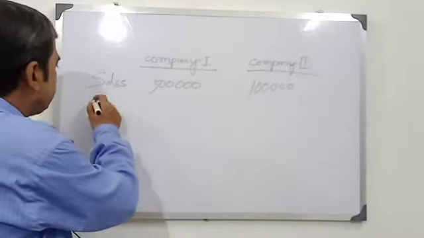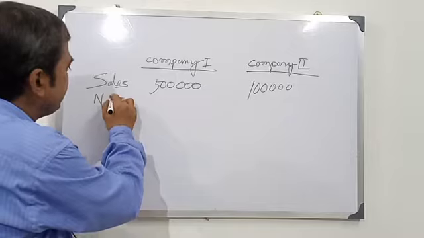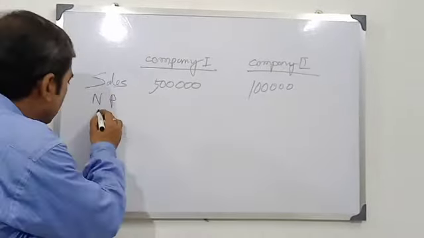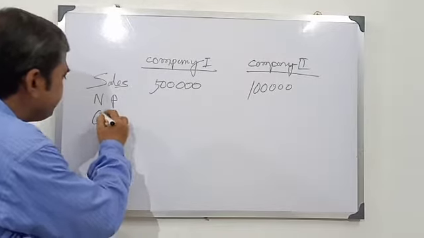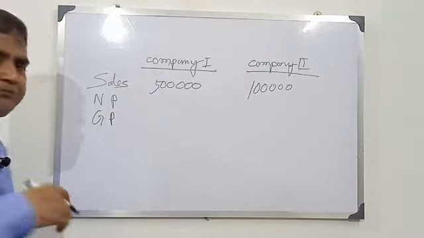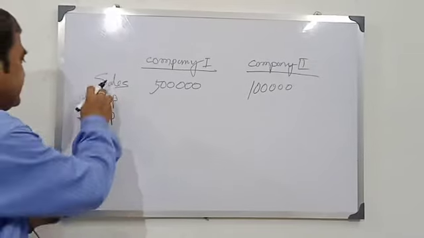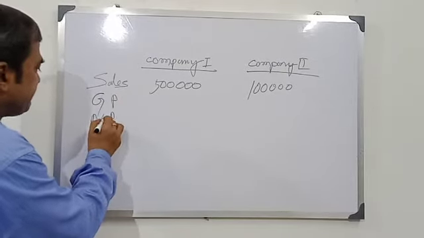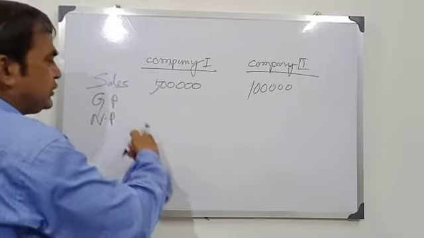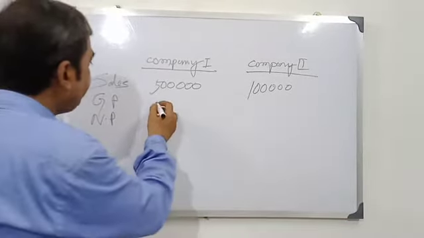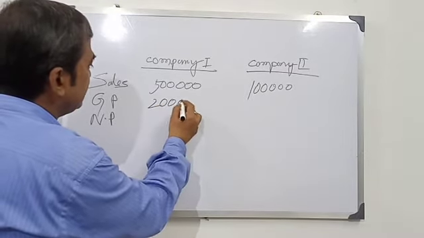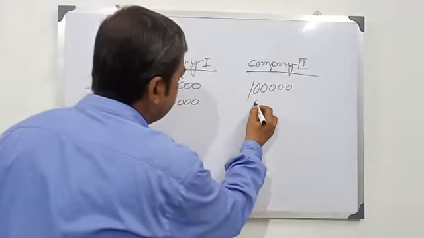If I say the gross profit, GP, then the net profit, NP: company 1's GP is 2 lakhs, company 2's is 50,000.